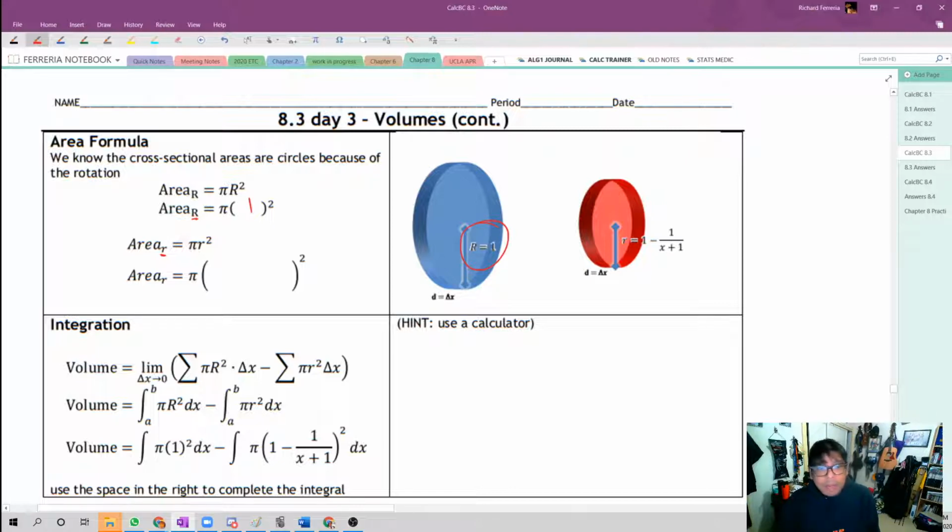And then the smaller circle cross-section is this radius, 1 minus 1 over x plus 1. So here are the 2 area formulas.